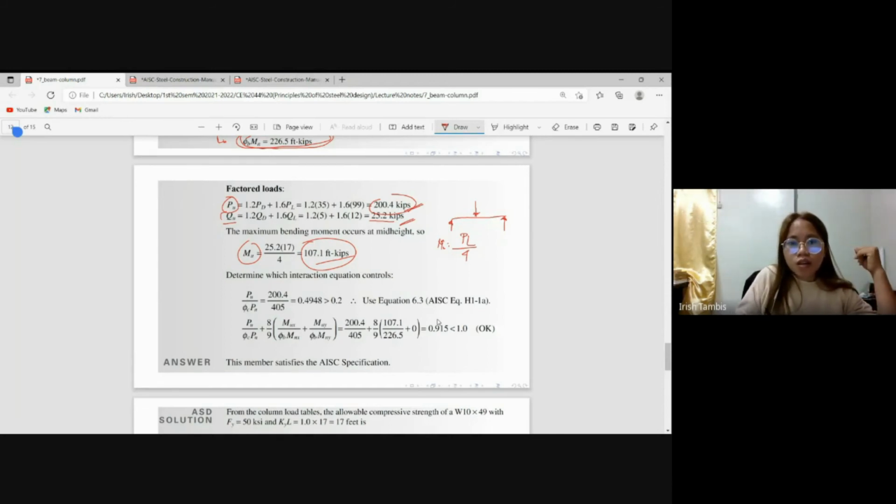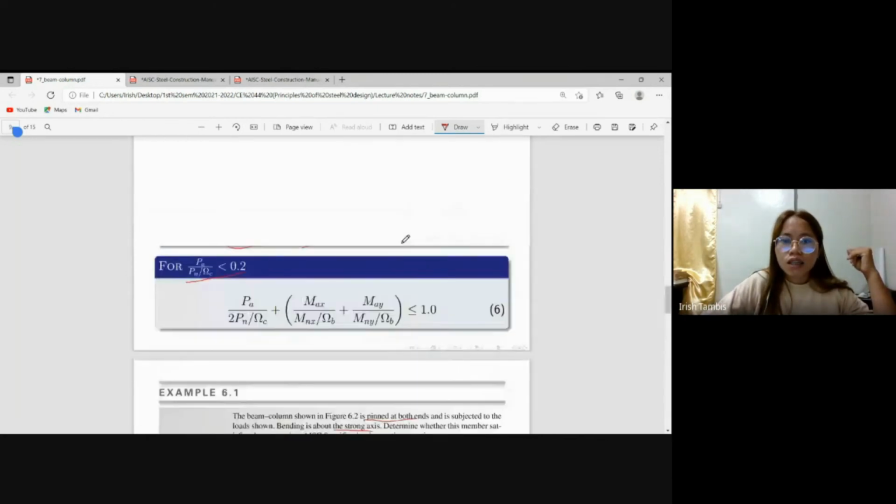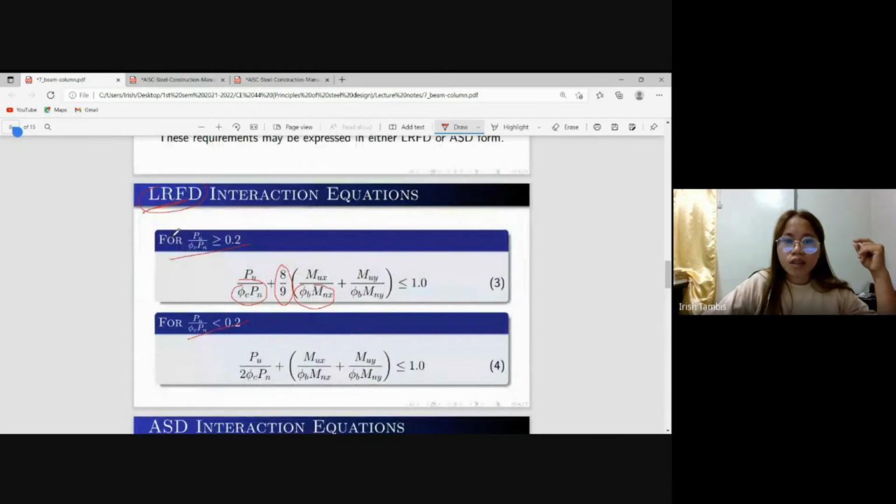For example, you have to get the ratio of this P_u, di ba? Remember sa akong discussion ganina, the two cases for LRFD. So if this is the case, you have to use this formula for greater than or equal to 0.2. Otherwise, less than 0.2, you have to use the second equation.